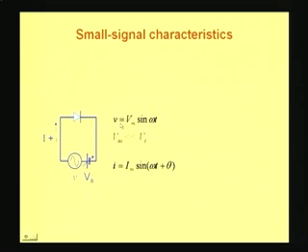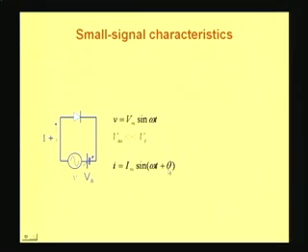If this is the applied voltage, we will find that there will be a small signal current i, as shown here, in addition to the DC current capital I, and this small signal current i will have an amplitude, and also there may be a phase difference between the current and the voltage.